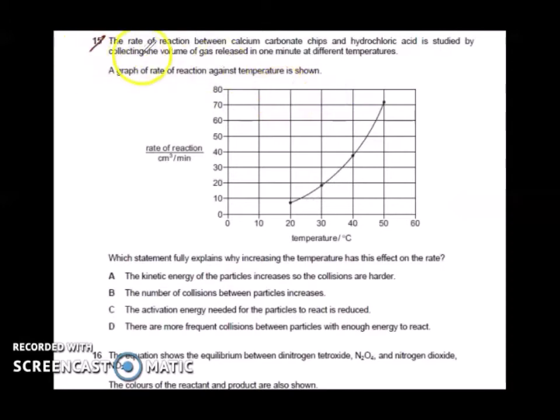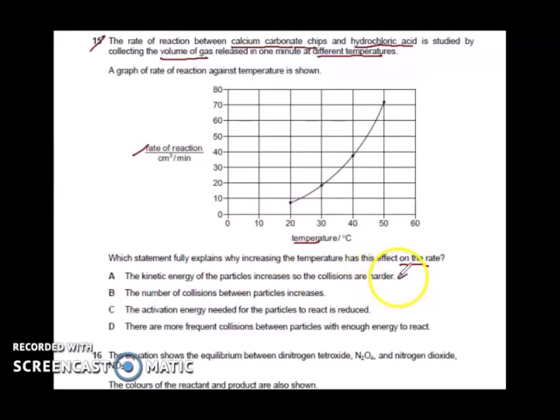Okay, for 15, the rate of reaction between calcium carbonate chips and hydrochloric acid is studied by collecting the volume of gas released in 1 minute at different temperatures. This is the temperature, this is the rate of reaction. The higher the temperature, the higher the rate of reaction. Which statement fully explains why increasing the temperature has this effect on the rate? The kinetic energy of particles increases, so the collisions are harder.